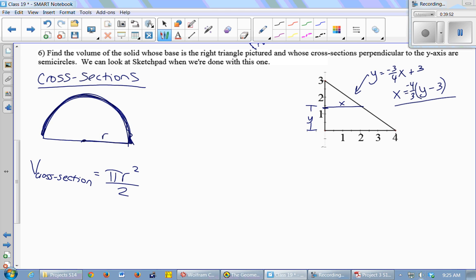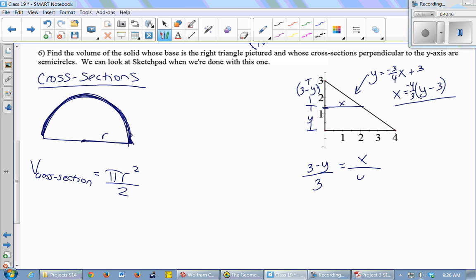Another way would be similar triangles, and I would say, well, if this distance is y, the rest of this distance is 3 minus y. So then I would do small to big of the two triangles. Small height would be 3 minus y compared to the height of the entire big triangle, which is 3. Base of the little triangle is x.